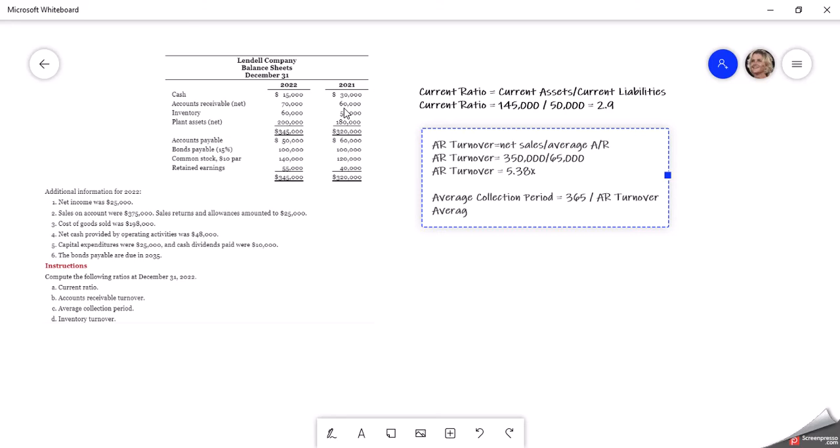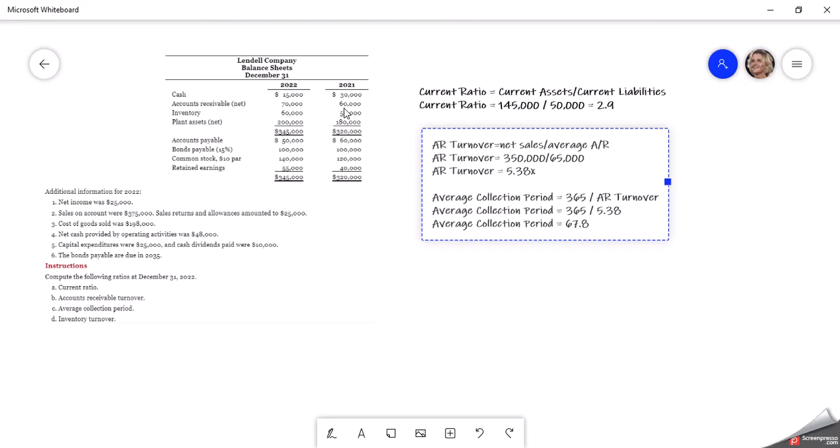So our average collection period is going to be 365 divided by the 5.38 times. 365 divided by 5.38 gives us 67.84. So again, you would probably leave that to one decimal. It looks like the textbook probably has us do it. So the average collection period would be 67.8 days.